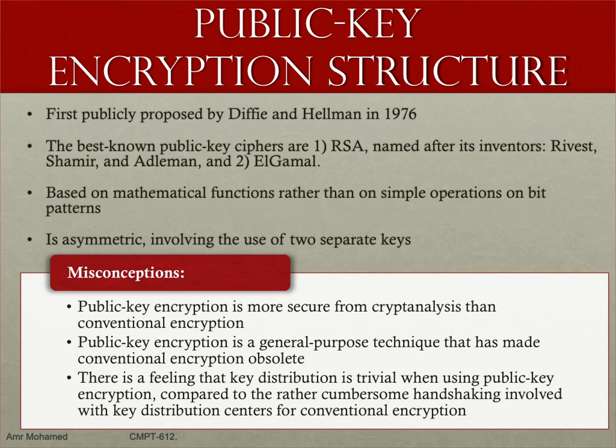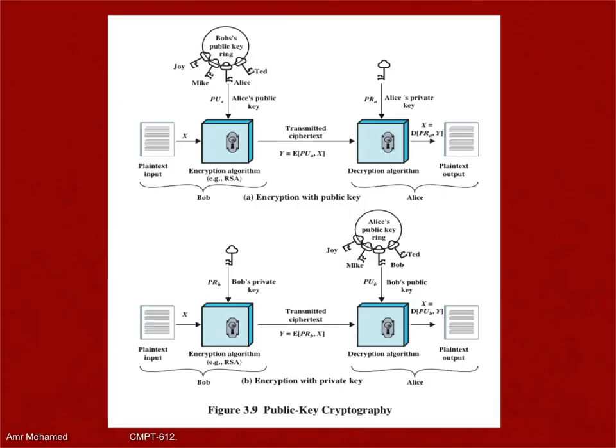You still have to have a protocol where you send your public key as part of a certificate, and there is a certificate management system. It's not trivial. You have to use a third party, the certificate authority. We'll talk about this at the end of this chapter, or maybe next chapter, I can't remember. So key distribution is not trivial for public cryptography. We'll cover this. So these are misconceptions.